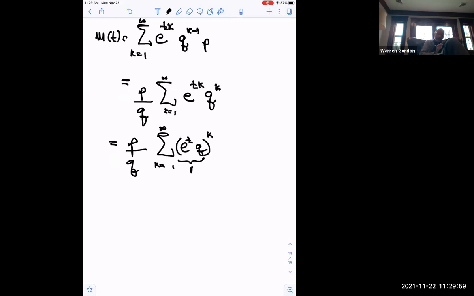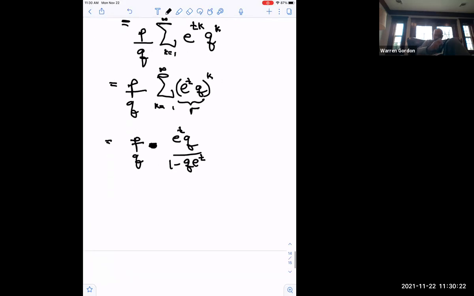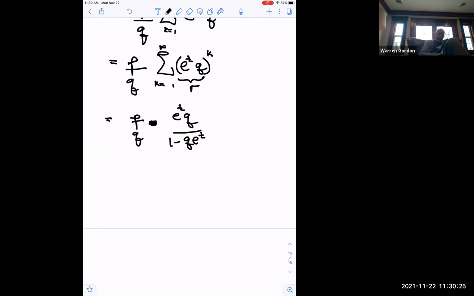Think of this as just being R to the K. So the first term is e to the t Q over 1 minus R. And if I simplify this a little bit, I get the M of t for the geometric distribution: P e to the t over 1 minus Q e to the t.